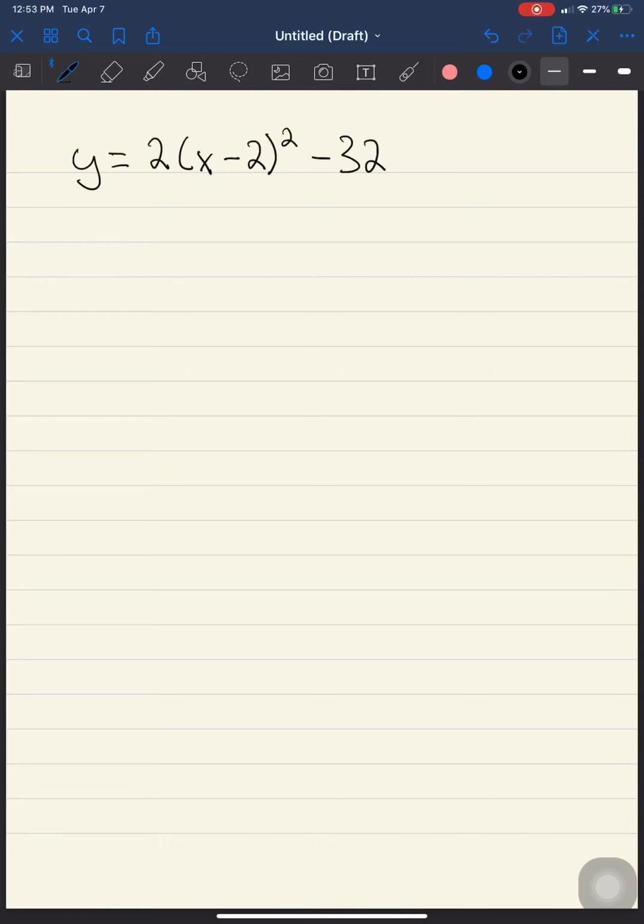Okay, so hopefully you've paused the video and worked it out. We're going to plug in our 0. Hopefully, once you plugged it in, this is what you started off working with. We're going to use PEMDAS and do the same exact thing. We have parentheses, so 0 minus 2 is negative 2. Then exponents, so negative 2 squared is going to give me 4.